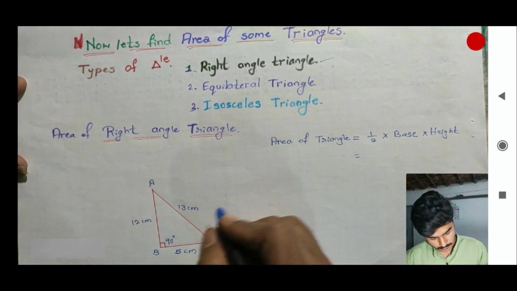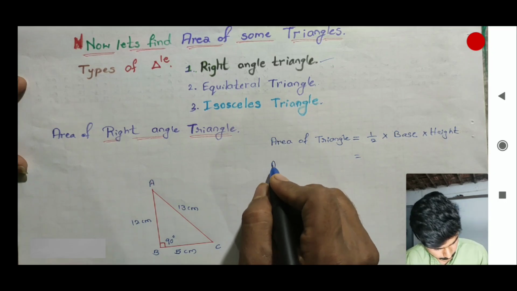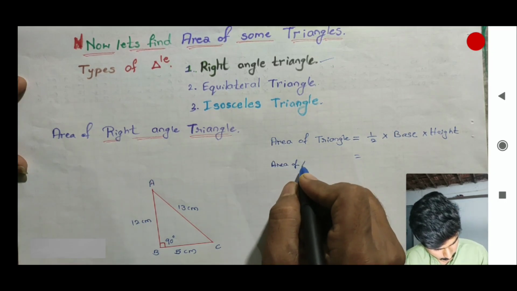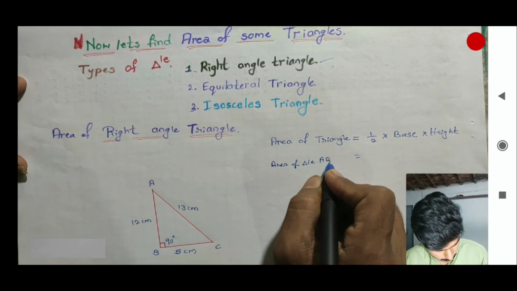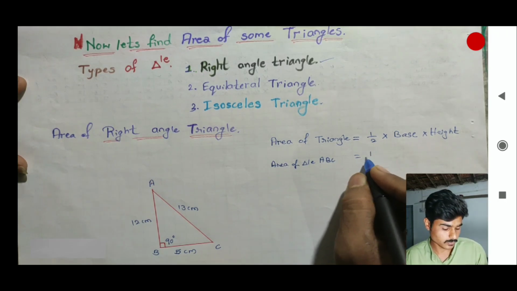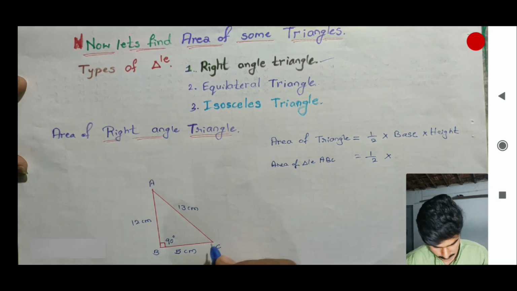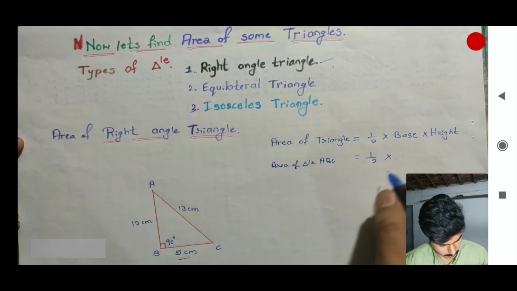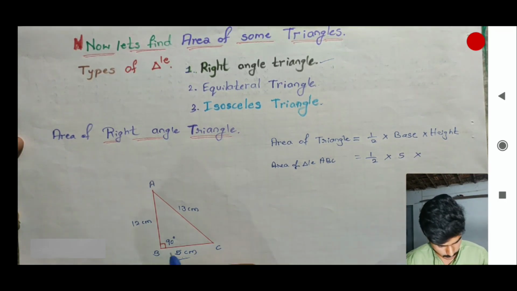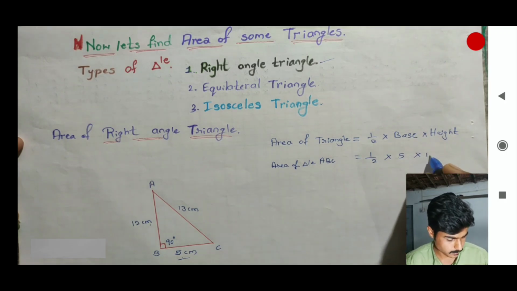Okay, so area of triangle ABC is equal to half into, let me substitute the values here. Here base is 5 centimeter into height is 12 centimeter.